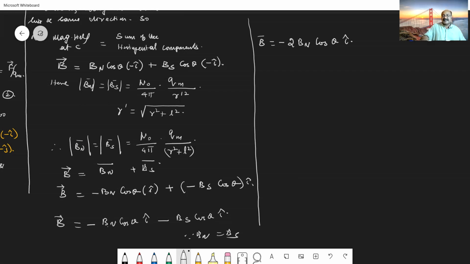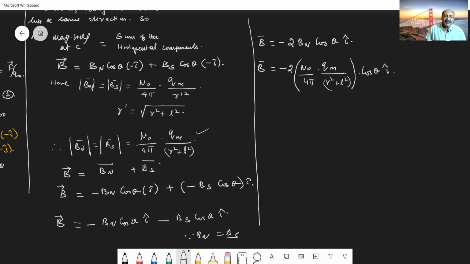Instead of this Bs, if I am putting Bn, taking minus as common, we get Bn cos theta i plus Bn cos theta i. So I am writing B vector is equal to minus of 2 into Bn into cos theta into i. Now you substitute for the magnitude of Bn or Bs. We get B vector equal to minus of 2 into Bn, where the value is mu 0 divided by 4 pi into Qm divided by R square plus L square, then multiplied with cos theta into i cap.